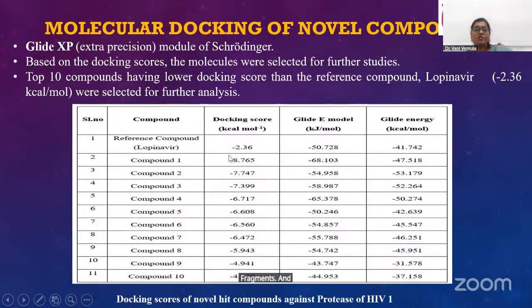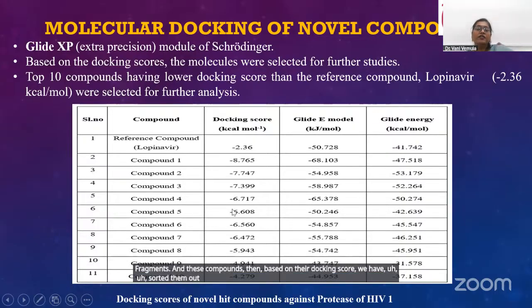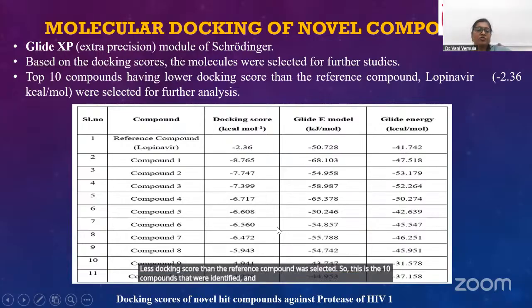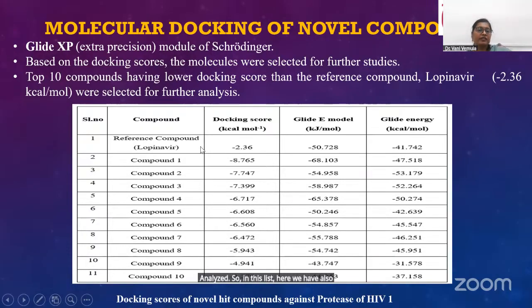Based on their docking score, we sorted them and selected the top 10 compounds showing a lower docking score than the reference compound. So these are the 10 compounds that were identified, and these were further analyzed. In this list, we have also included the reference compound lopinavir.